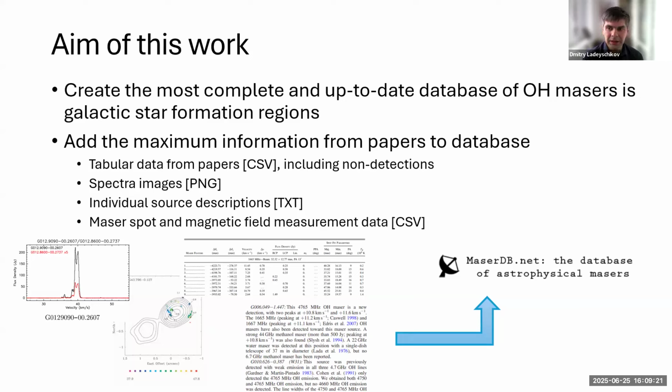We also decided not to only collect tabular data, but also extract maximum information from the papers, including non-detection data, spectral images, source descriptions, polarization data, maser spot data, and also magnetic field measurements. This is almost all that you would need to extract from a paper to study these kinds of masers.